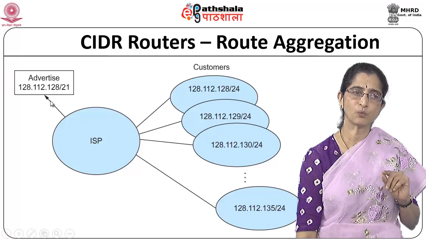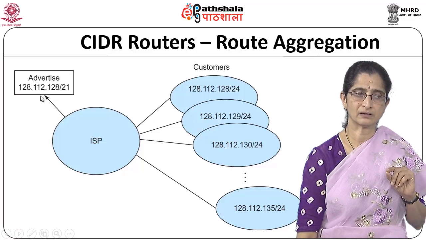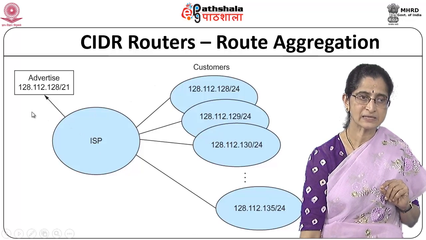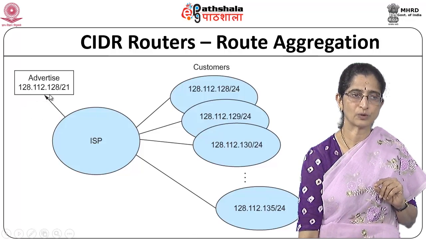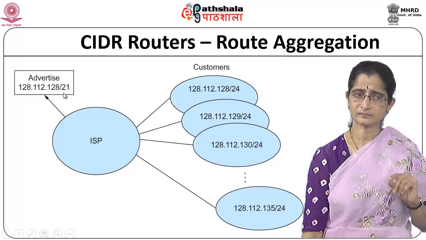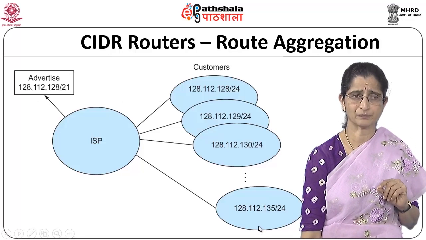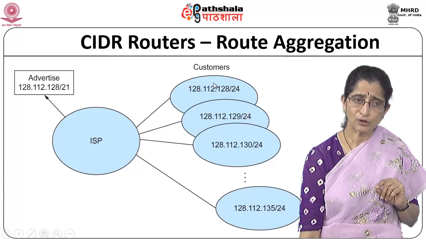and have only one address advertised, combining all these 8 different things as 128.112.128/21. Now why 21? Because you can see there are 8 different things which are grouped together, and they are all contiguous.